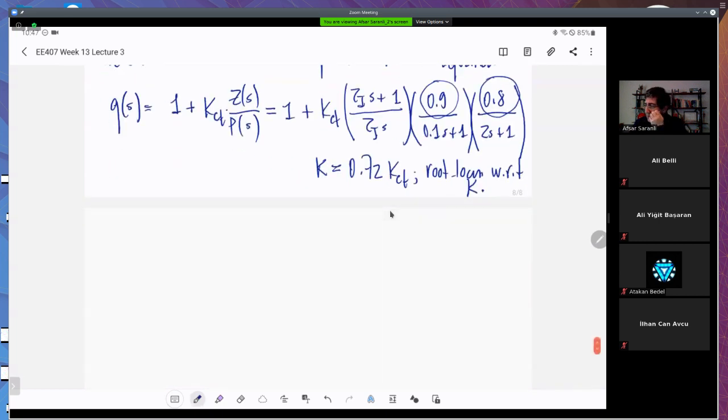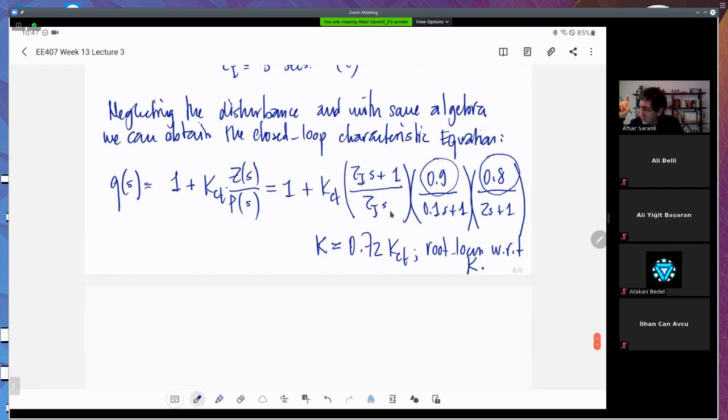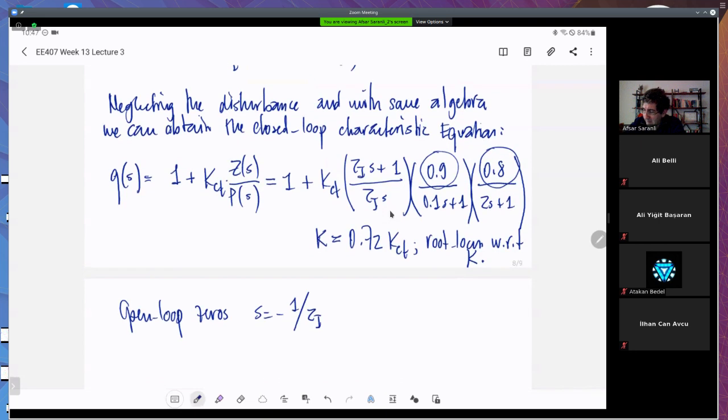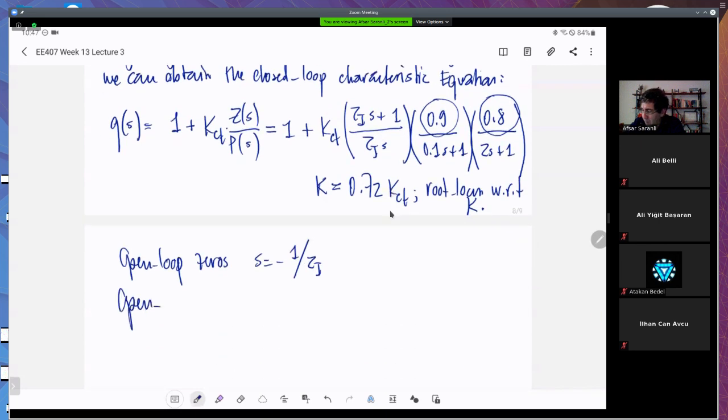so we have one open loop zero, and we have 3 open loop poles. The open loop zero is s equal to minus 1 over tau I, and the 3 open loop poles are s equal to 0, s equal to minus 10, and s equal to minus 0.5.